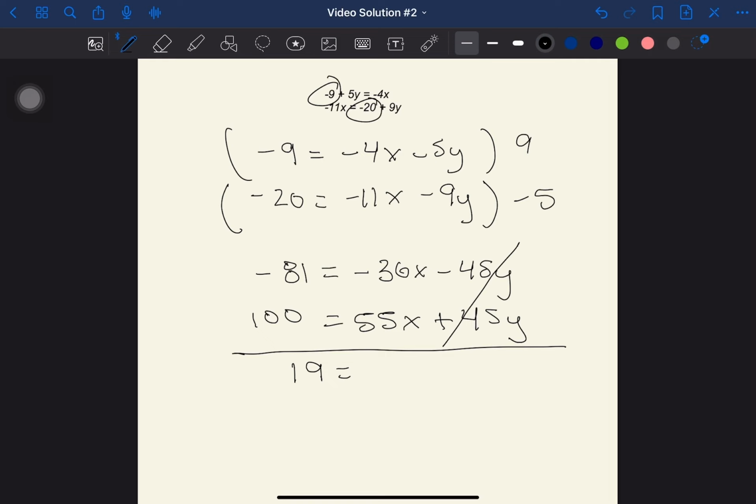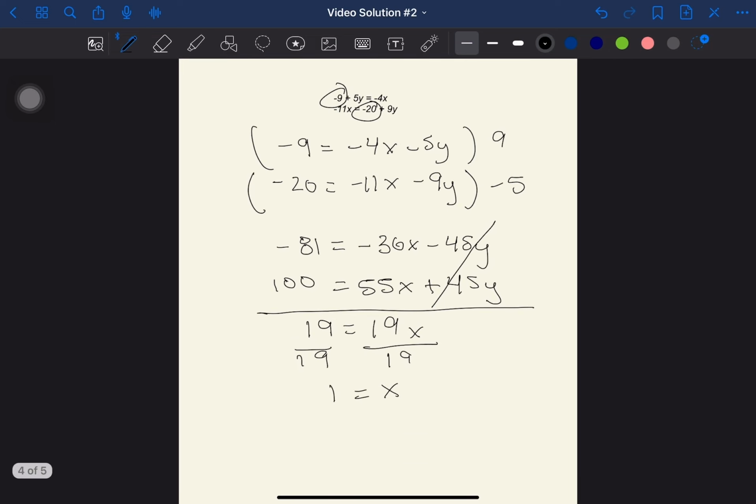And then -36 plus 55 also gives us 19. And then we bring down the x, and now we just solve for x. We have to get x by itself, so we divide both sides by 19, and we get 1 for x.